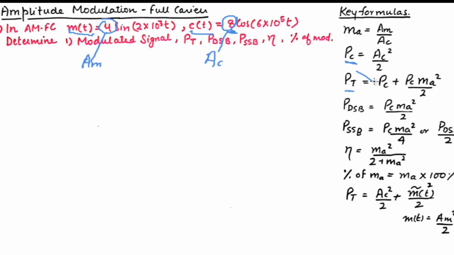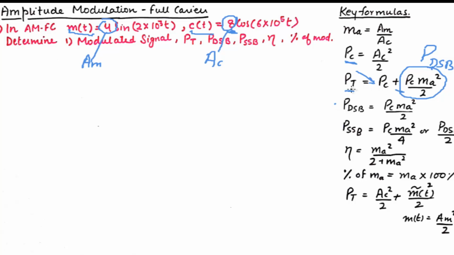Now see, this total power is equivalent to the power in the carrier PC multiplied by MA square by 2, and this thing is the power carried by the double sideband of the signal, and in other words, this is the power of the modulating signal also. And the next formula is simply this thing.